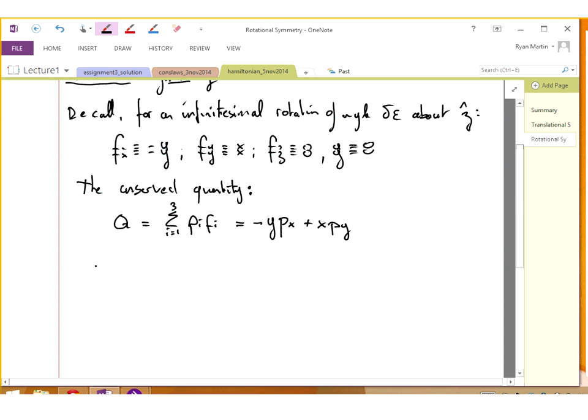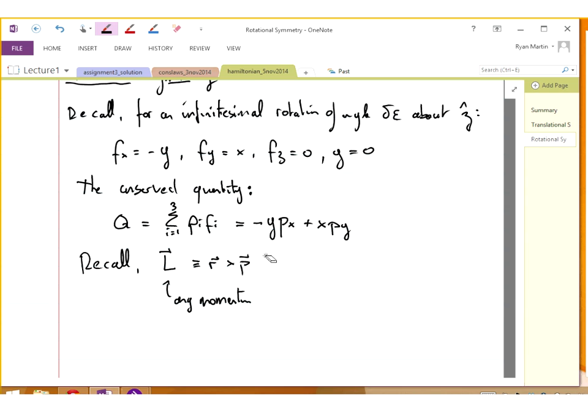Now recall, angular momentum is defined as r cross p. There's not meant to be a dot there.